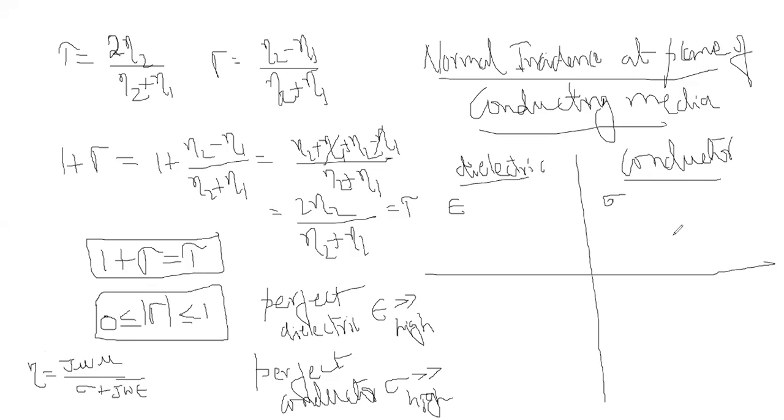In the conducting medium, sigma is very high, simply saying it is infinite. For the perfect dielectric, epsilon is infinite, a high value. Sigma is also very high in the conductor.